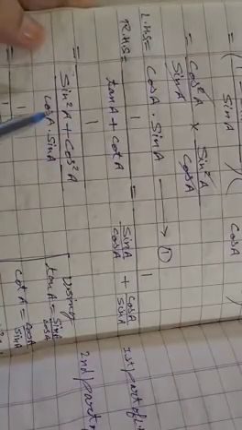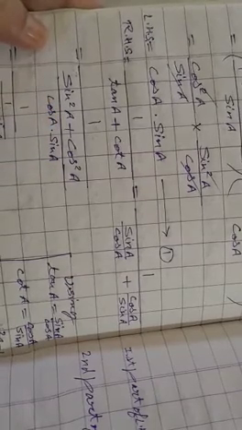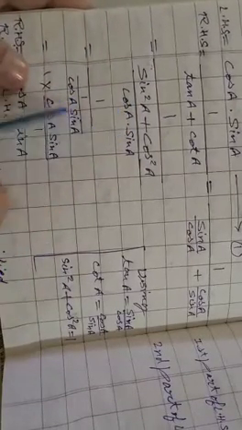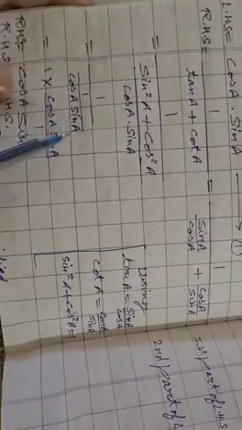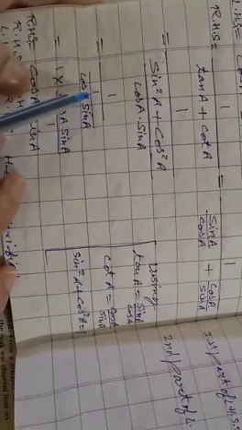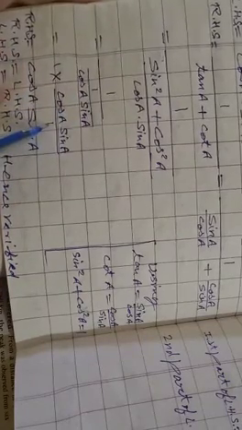1 upon, formula of sin square A plus cos square A is 1, so we get 1 upon cos A sin A. Now 1 multiplied by the reciprocal of 1 upon cos A sin A is cos A sin A upon 1.